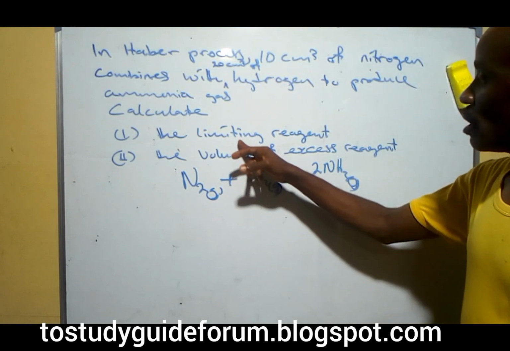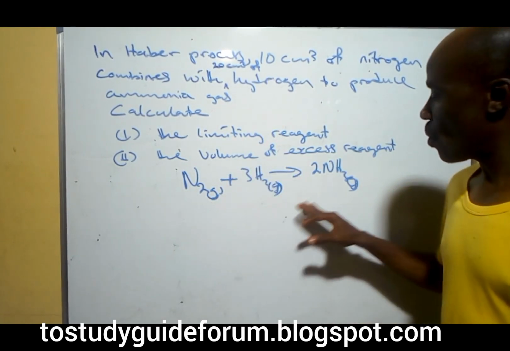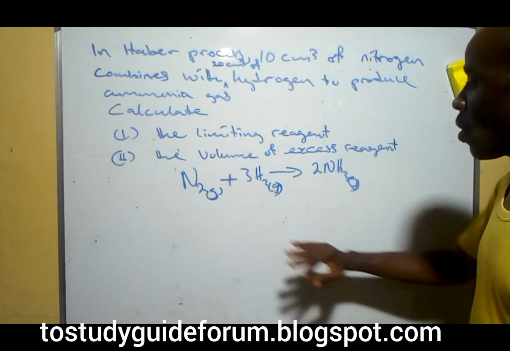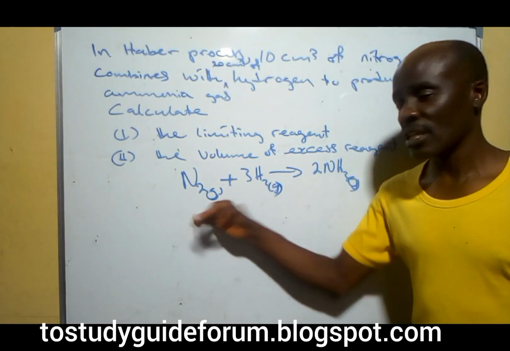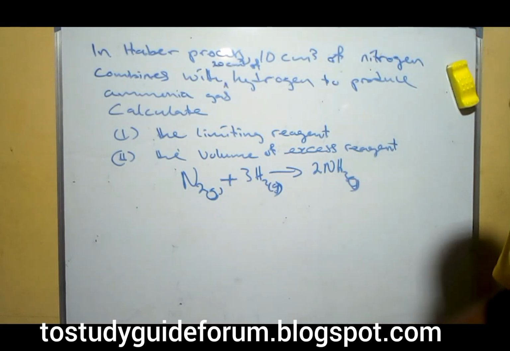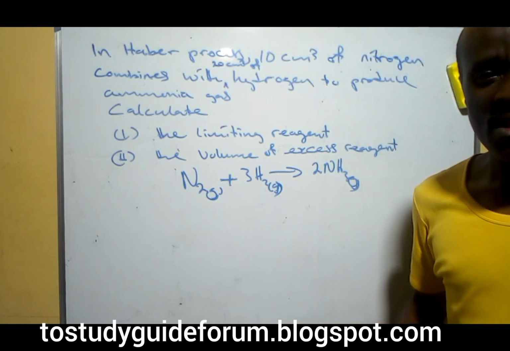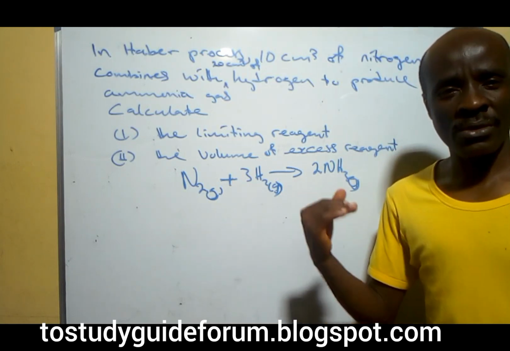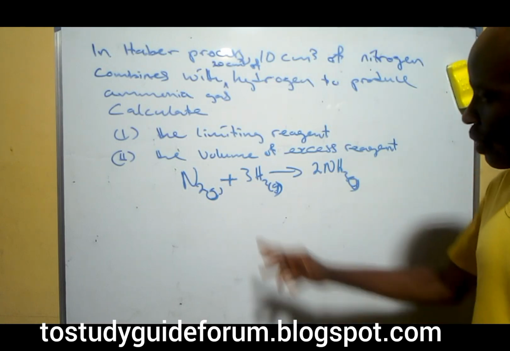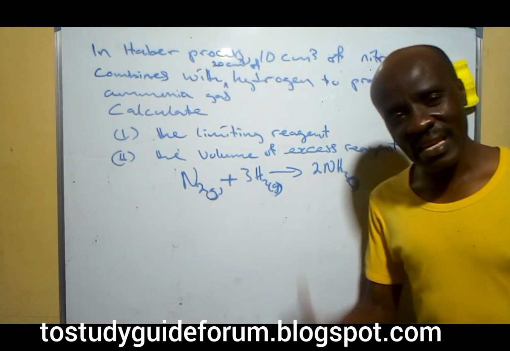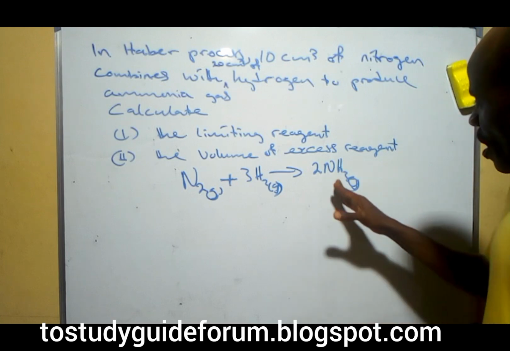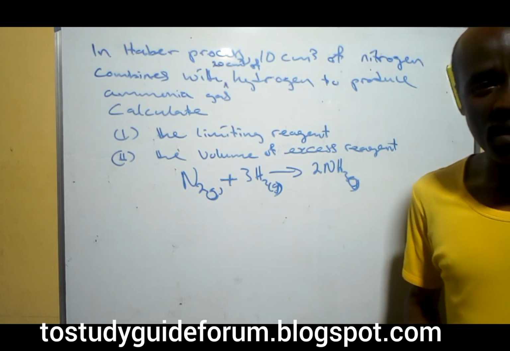The first thing is to work in moles, or get the mass or the volume of ammonia produced. The one that produces the least volume of ammonia is the limiting reagent.